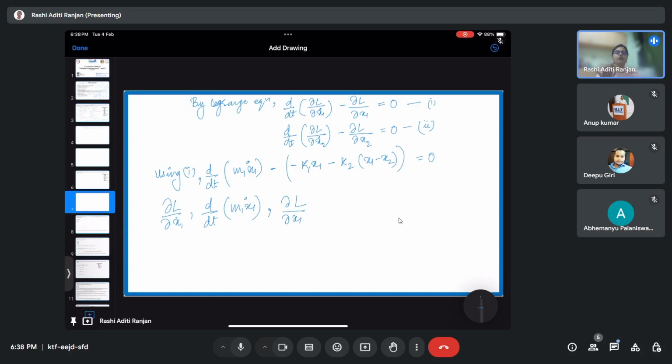Either you consider mass as a function of time, velocity and displacement and keep it inside, or if you have the equation of mass, stiffness, or any of these properties in terms of time, velocity, or displacement, you can just differentiate it and write the full equation. But it is very important that if it's not an ideal situation, you should always keep these values inside the differentiation and not treat them as constants. Okay.